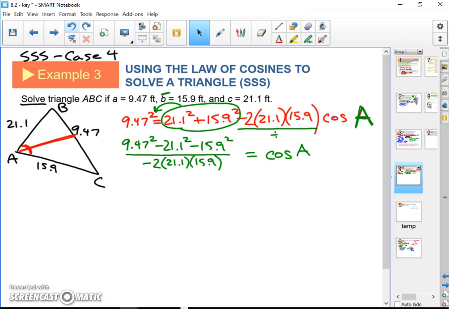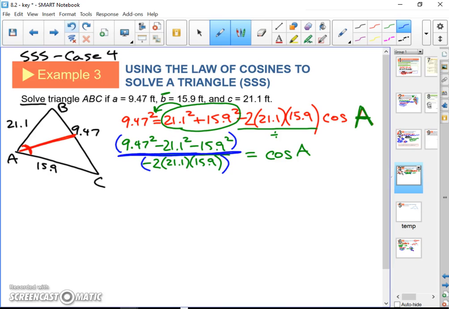Now what you have to do, in order to type this in correctly, is put parentheses around the top and parentheses around the bottom. So it's going to be all that stuff in parentheses on the top divided by all that stuff in parentheses on the bottom. Very important that you utilize the parentheses correctly, otherwise it's not going to come out right. So let's all try to type this into our calculators and see if we can get the right number.